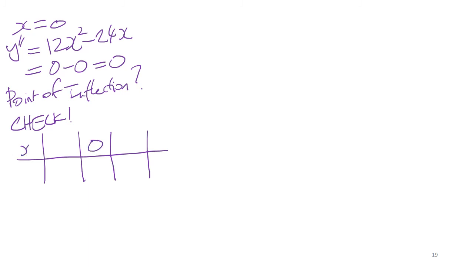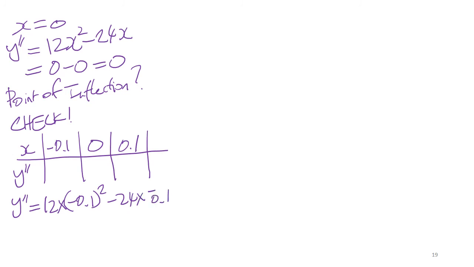So let's go negative 0.1 and then 0.1. We sub negative 0.1 into the second derivative function: 12 times negative 0.1 squared, take away 24 times negative 0.1.